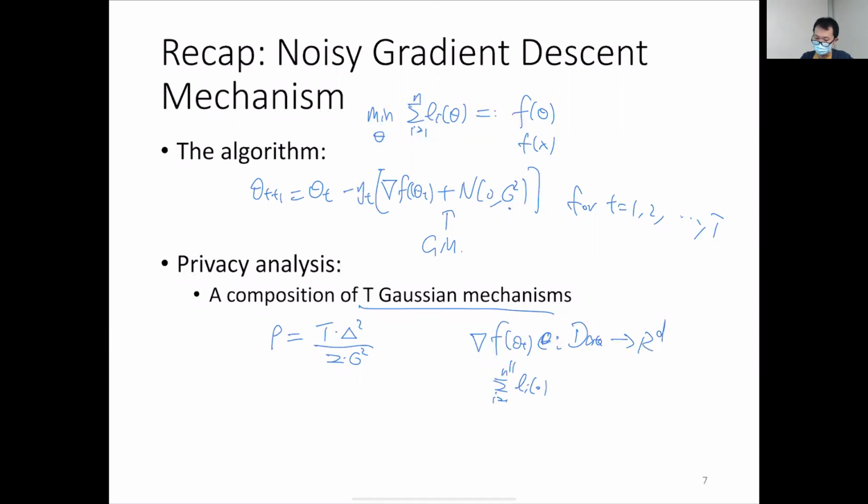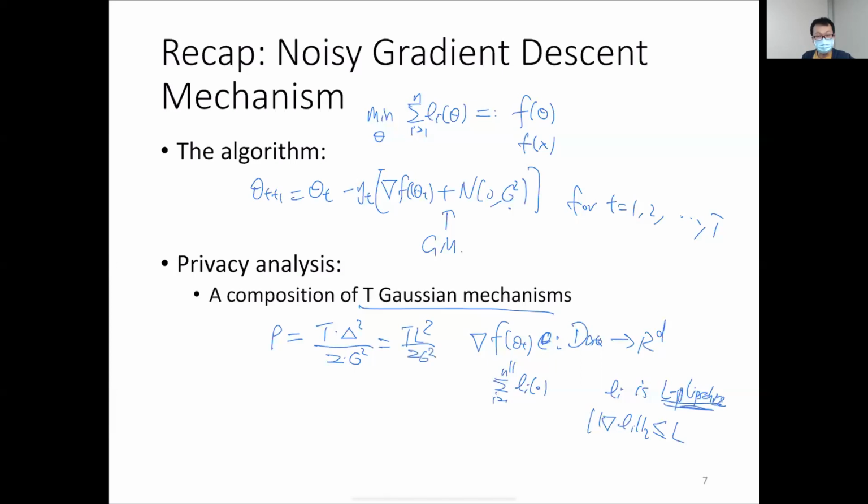In addition, what we're assuming is that each one of these Li is L Lipschitz, which says that the gradient of Li is bounded by this parameter L. Because this is bounded and this is a summation query, this implies that the gradient has an L2 sensitivity of L. Therefore, this is T L square over 2 sigma square.